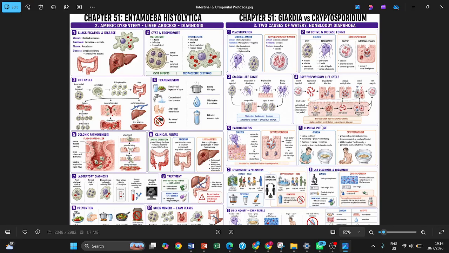With Trichomonas vaginalis, you're not finding diarrhea because it's the urogenital organism. So basically, you are finding things to do with the genital tract. In males, you will find urethritis if they are symptomatic, but most of them are asymptomatic. And in females, you will find a greenish, foul-smelling vaginal discharge, right?